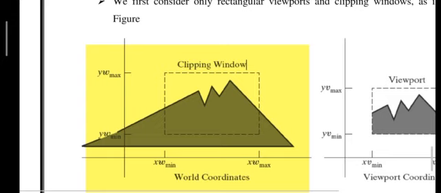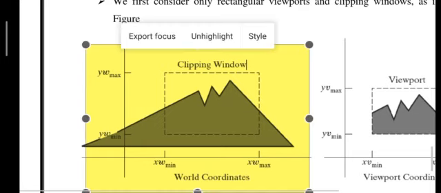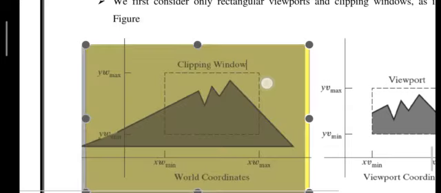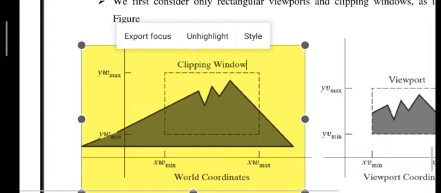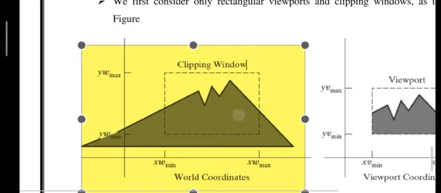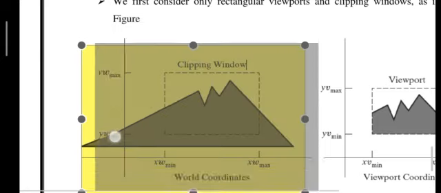As you can see over here, let it be the entire model. See how the model looks. But the clipping window is a kind of rectangle, so you are interested only in a particular portion of the entire object. Assume it's a photo of a mountain.